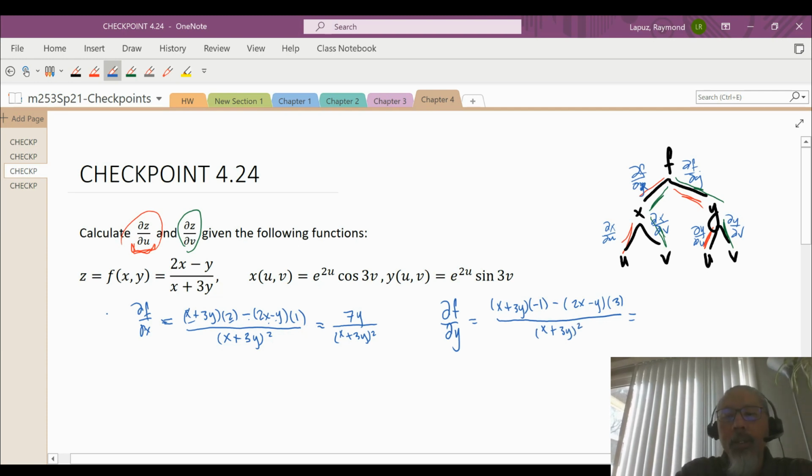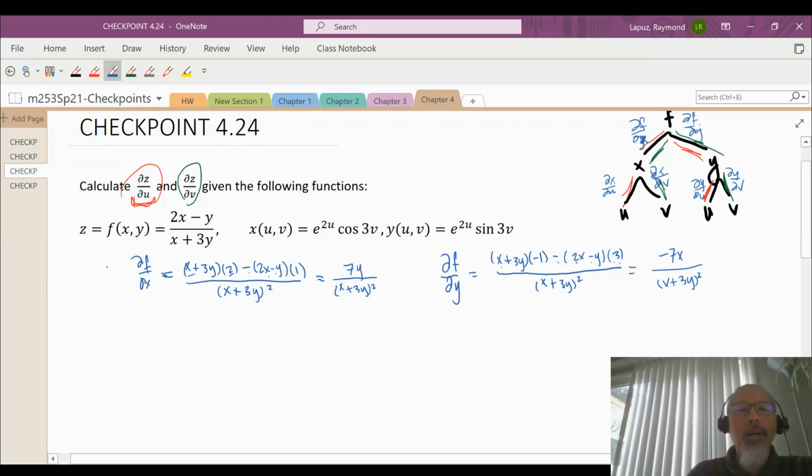Again, simplifying, we get a negative 1 times x minus 6x, so that's a negative 7x. And we have a negative 3y minus minus 3y, so that's negative 3y plus 3y, so the y's are gone. And we just have negative 7x divided by (x + 3y) quantity squared.